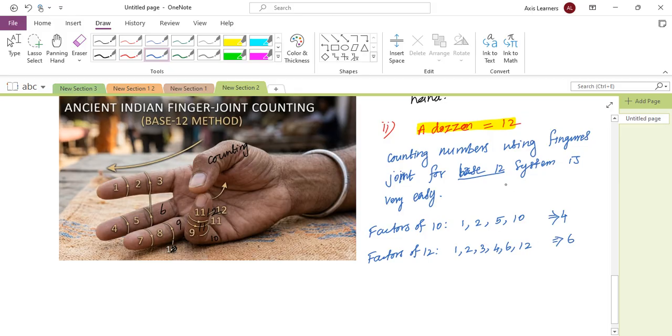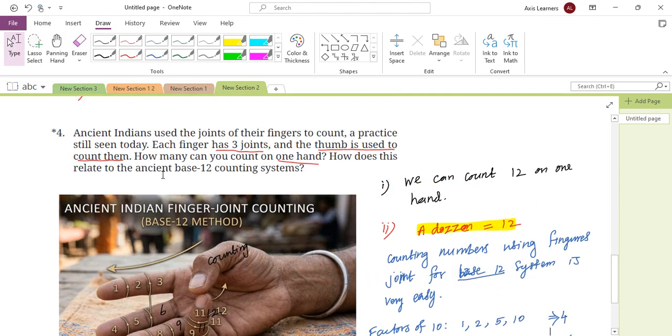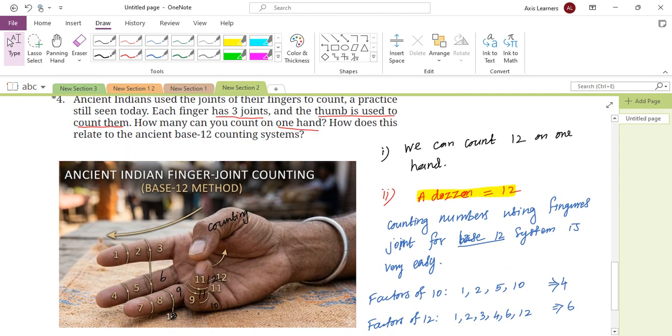Now if you use the base 12 system, then we can split it as 1s, 2s, 3s, 4s, 6s and 12. So many subdivisions will come compared to the base 10 system, okay? So with the ancient base 12 system, counting joints is very helpful to count the numbers and group them, okay?